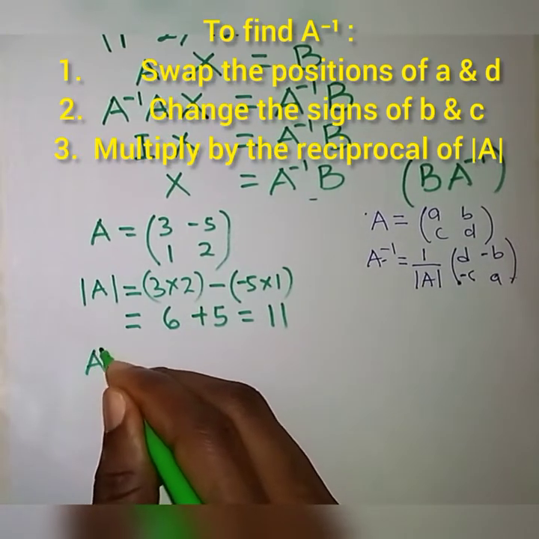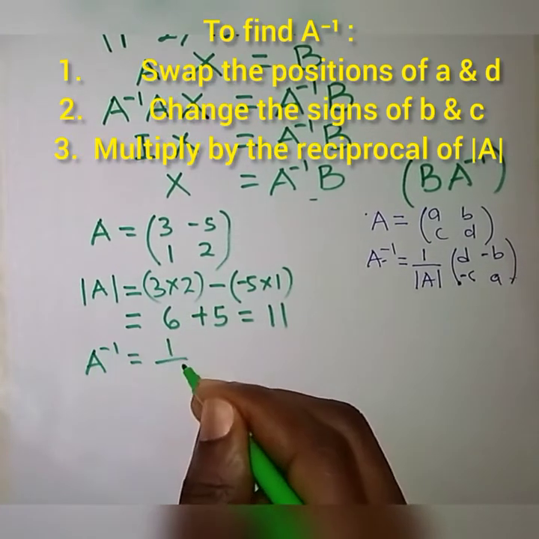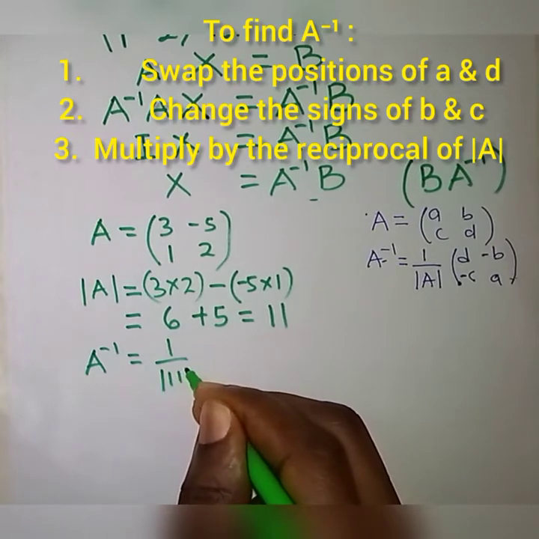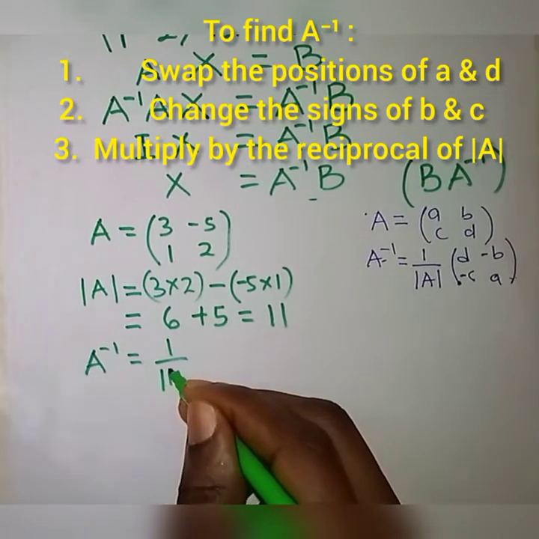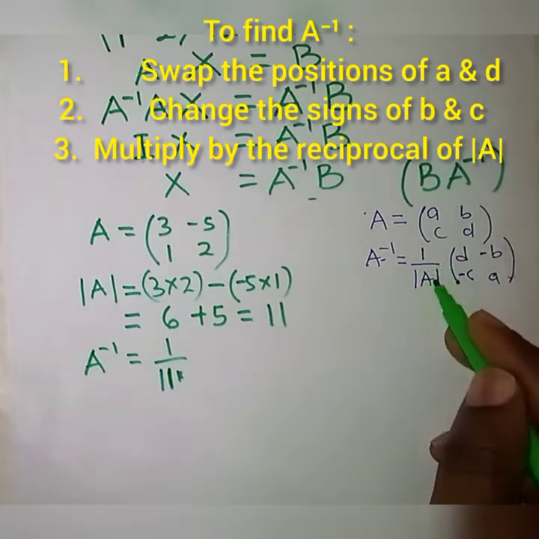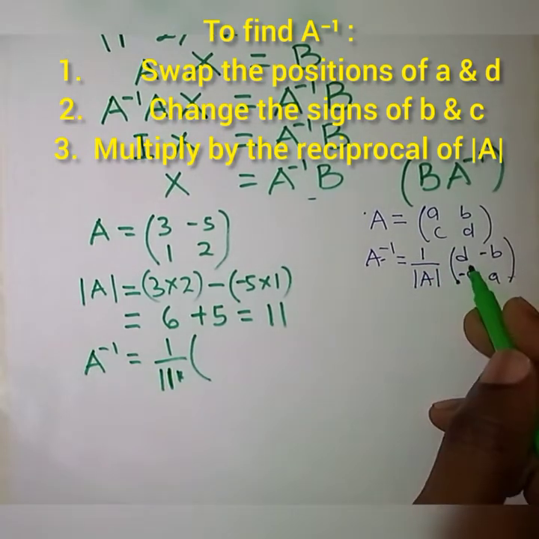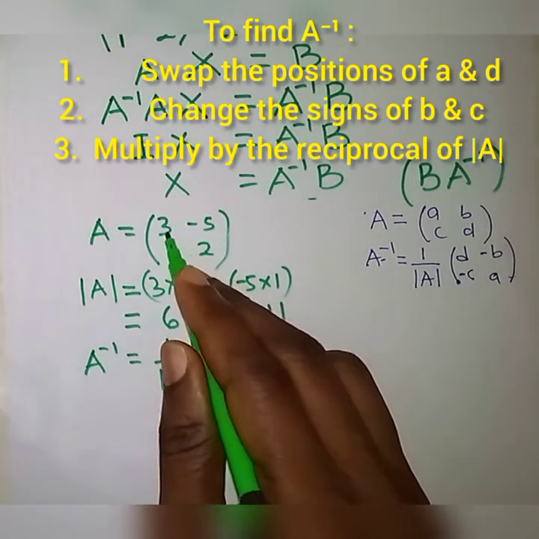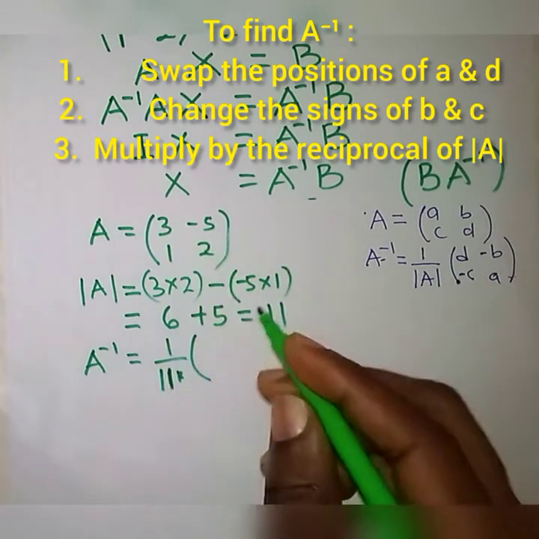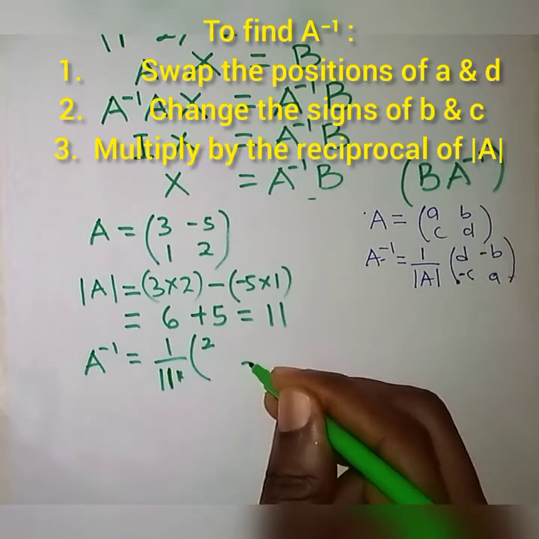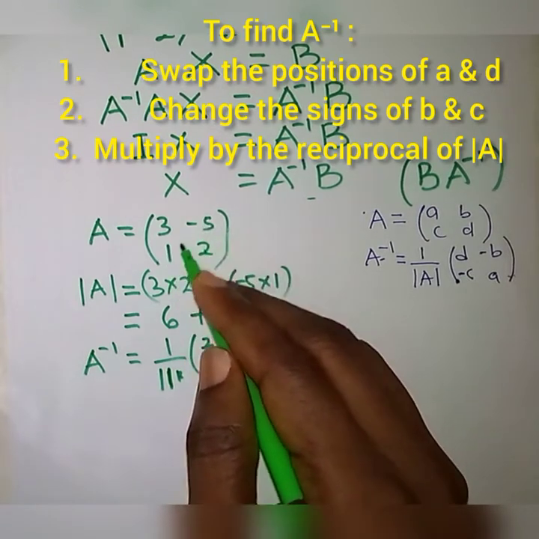Now A inverse will be equal to 1 over 11, using this formula, times the matrix where we interchange the positions of 3 and 2. So we have 2 here, 3 here, and we change the signs of these two.